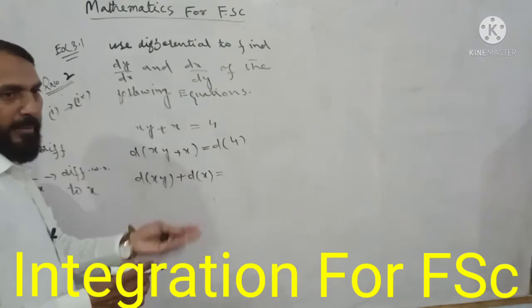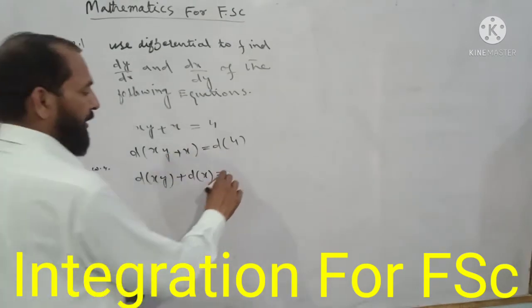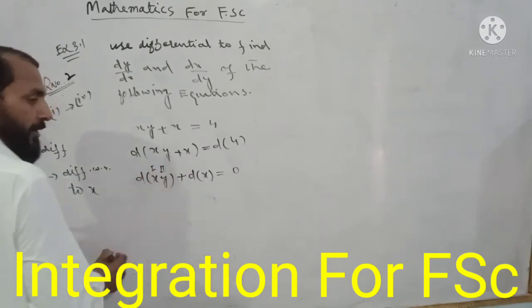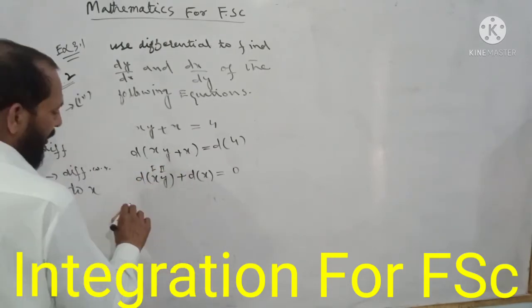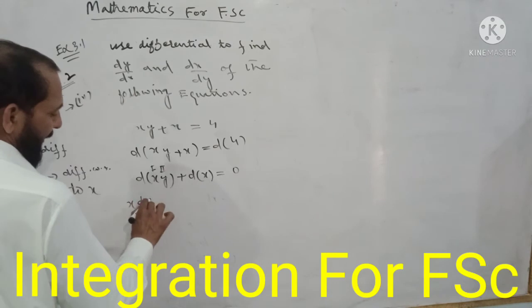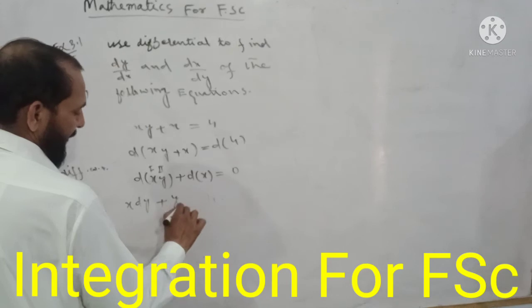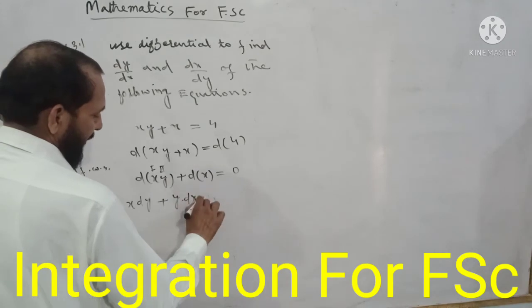You know that the derivative of the constant values will be 0. Here two functions we use the product rule. So we write the first function and take the derivative of the second function, and now we write the second function and take the derivative of the first function.